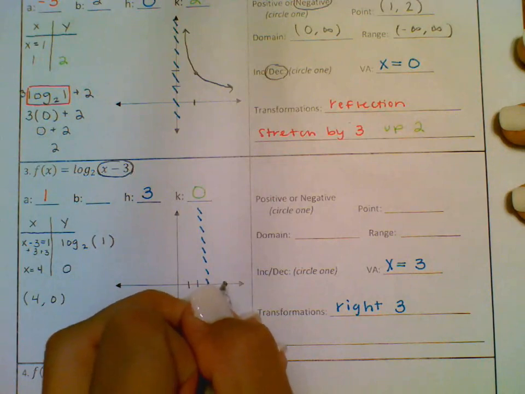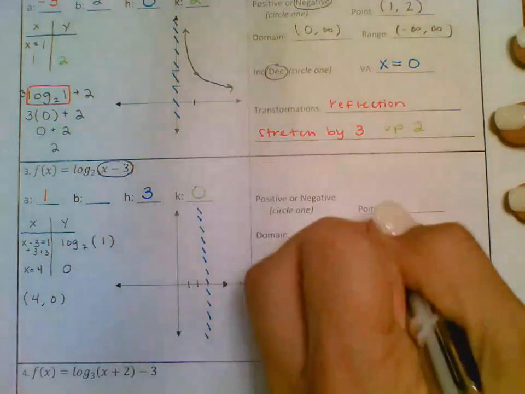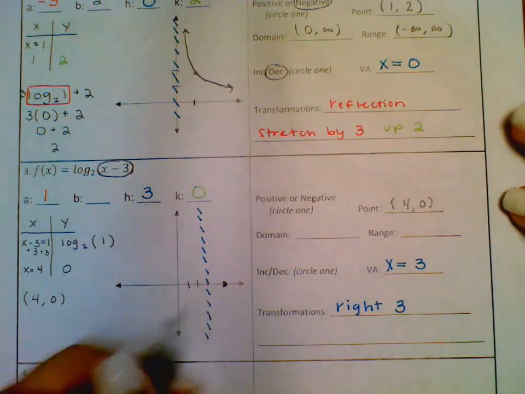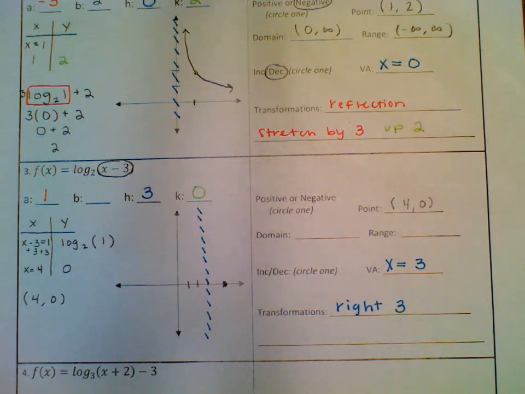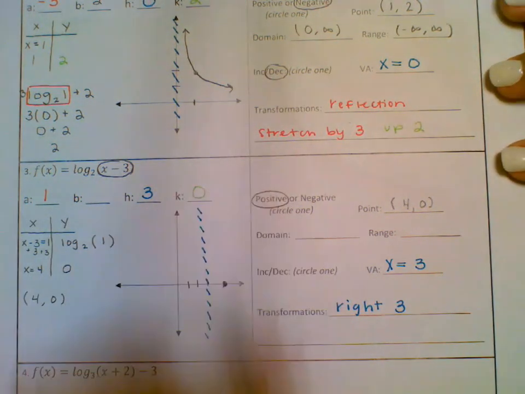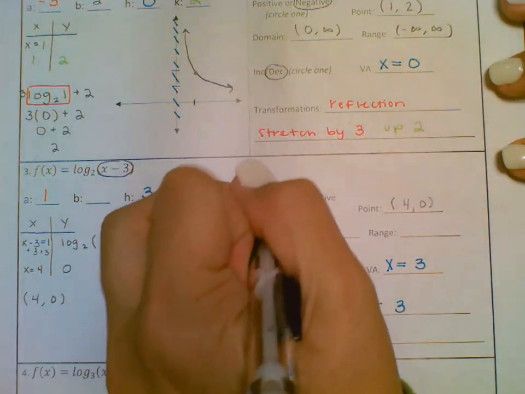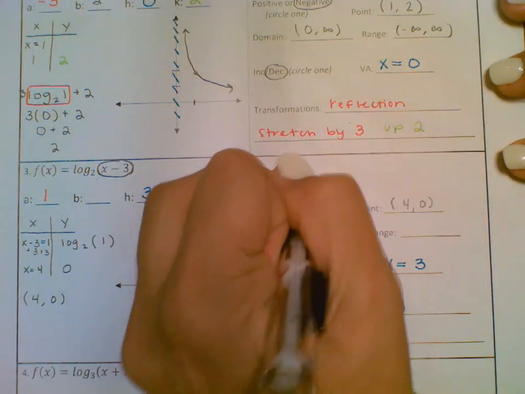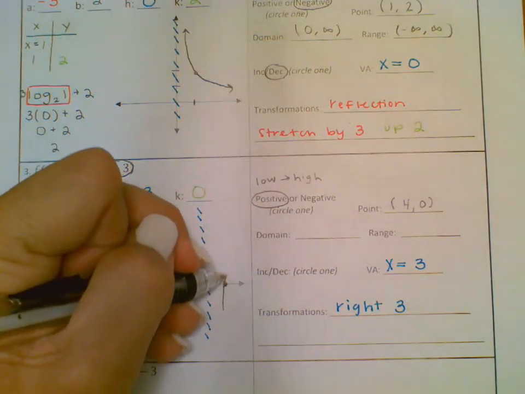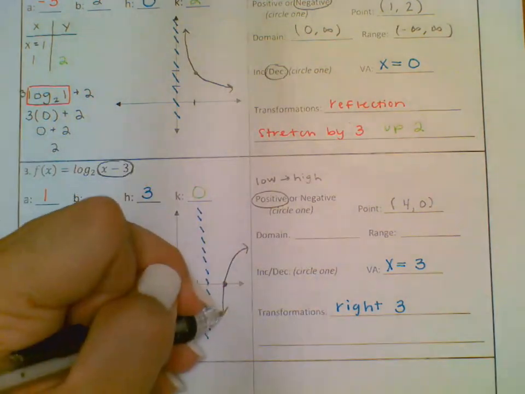The point should always be on the right side of your asymptote. You should never have any points to the left of the asymptote. This graph, A is positive. So we're going from low to high. Essentially, anytime you're positive, you want to end going up from low to high.